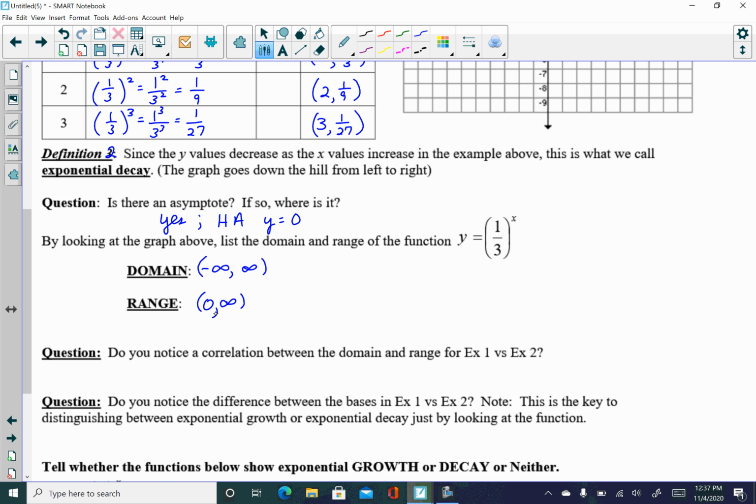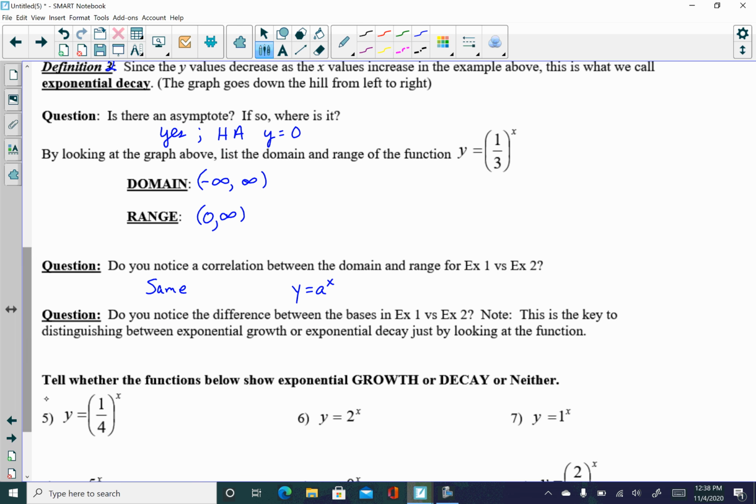So, the question just down here below then is, do you notice a correlation between the domain and range for these examples? And hopefully if you flip back and look now, they are the exact same. They are the same for all of your exponential functions that are of the form y equals a to the x; they will have this same domain and range, okay?